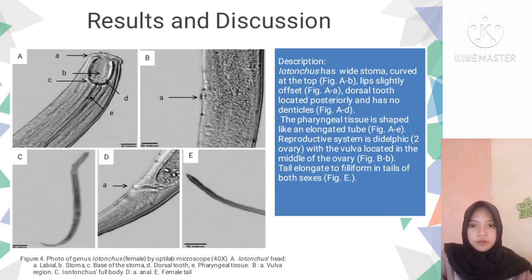The position of the vulva is 49 to 55% from the anterior. The tail extends toward the filiform with the length ranging from 122.2 to 352.26 micron.